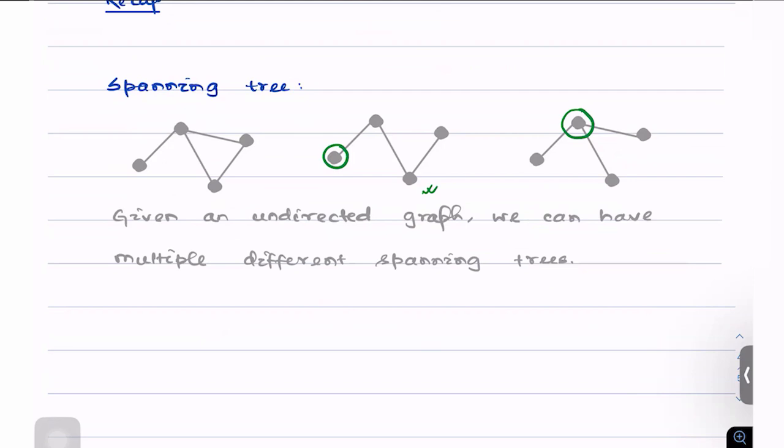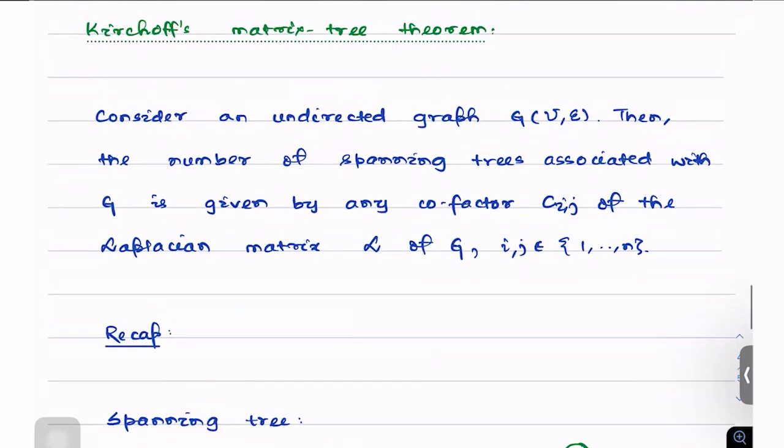So the question is, how many such spanning trees can we get? And Kirchhoff's matrix tree theorem gives an answer to that.